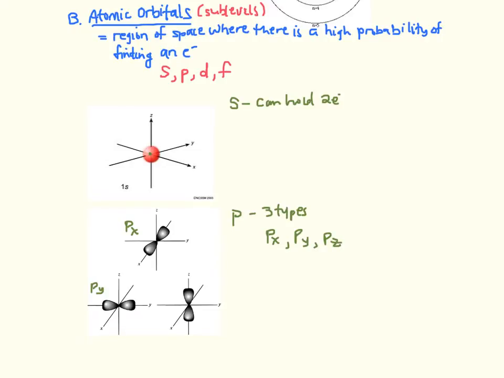So they can exist on 3 different planes of existence because we are in 3 dimensions. And they can hold 2 electrons each, which means that a p orbital or a p sublevel can hold a total of 6 electrons because there's 2 in each orbital and there are 3 orbitals.